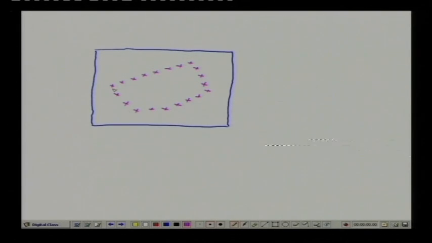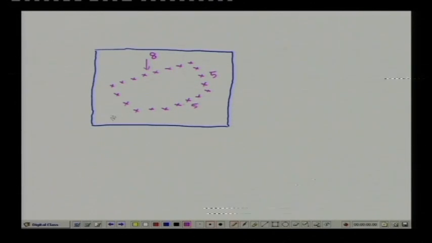So, you find that in this particular straight line there are 1, 2, 3, 4, 5, 6, 7, 8 number of points on this side. On this straight line there are 1, 2, 3, 4, 5 number of points. On this part of the straight line there are again 5 number of points.